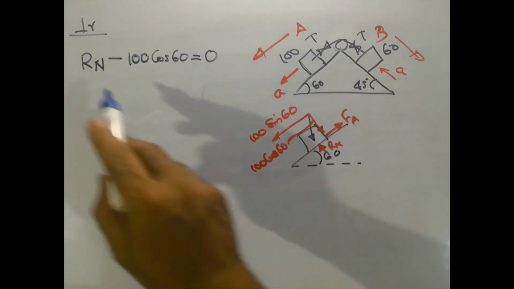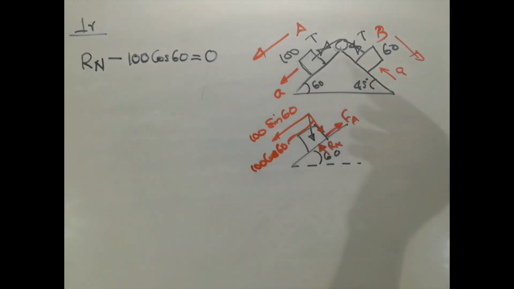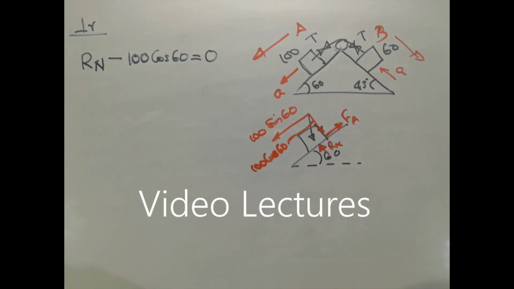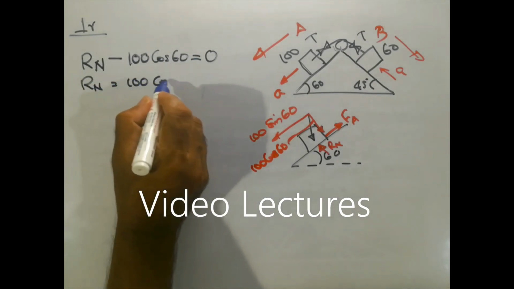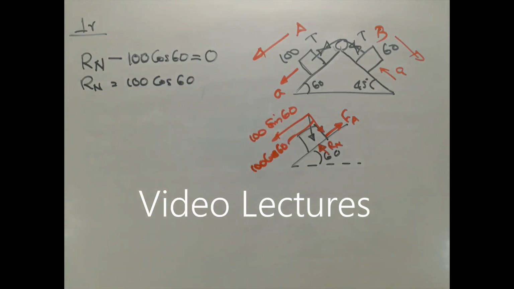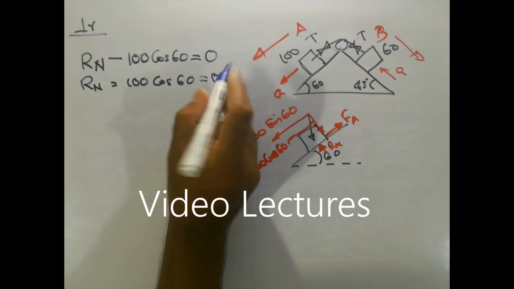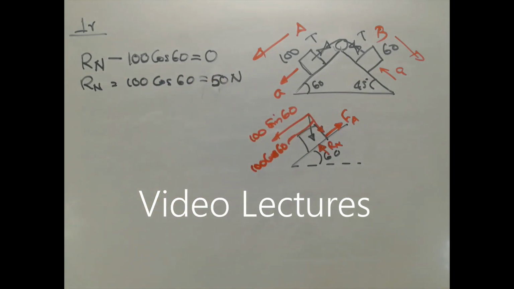The net force is zero, so Rn should be equal to 100 cos 60, which is 50 Newton. That is the normal reaction.